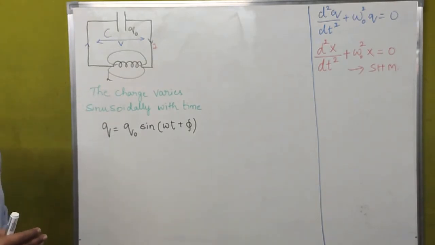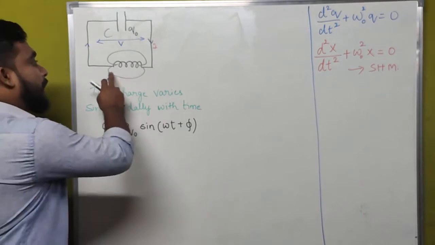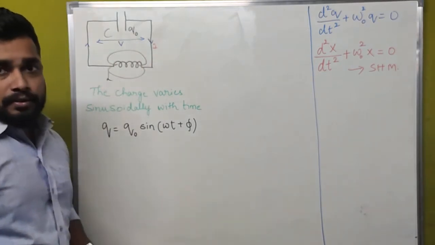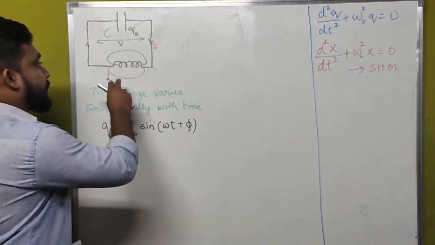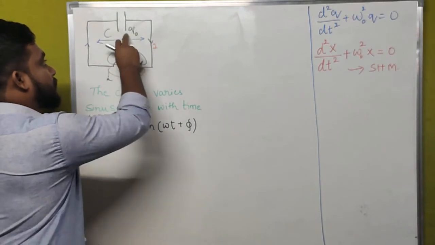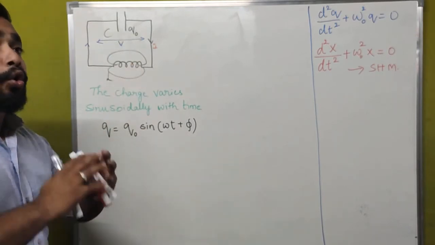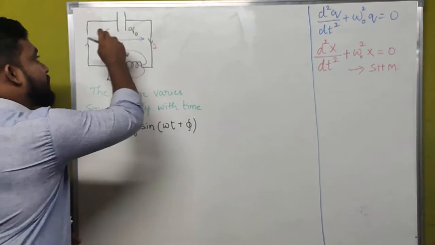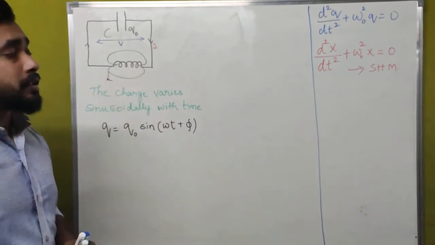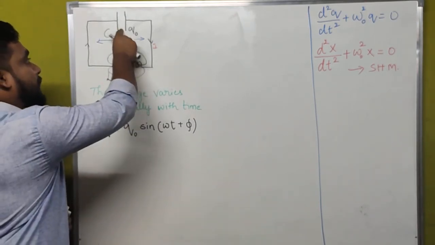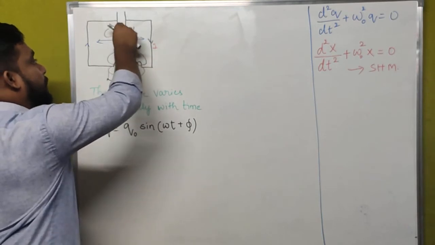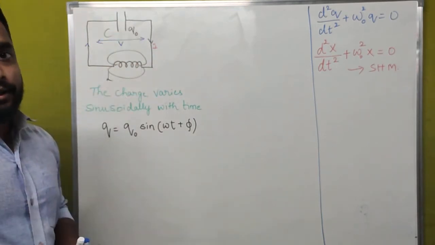But initially, before connecting an inductor to the capacitor, the whole charge resides inside the capacitor. That means we have the maximum charge kept inside the capacitor.